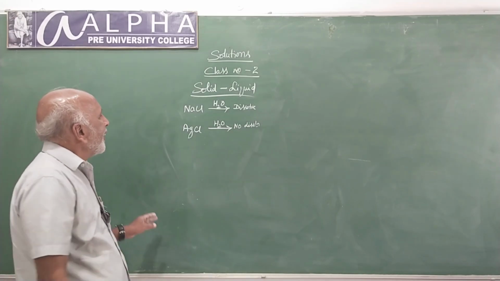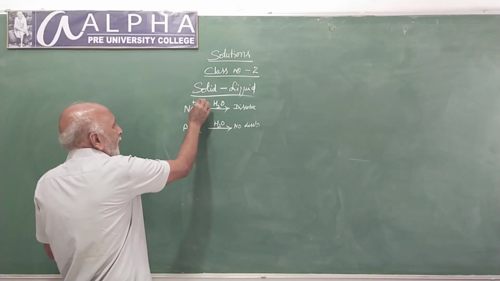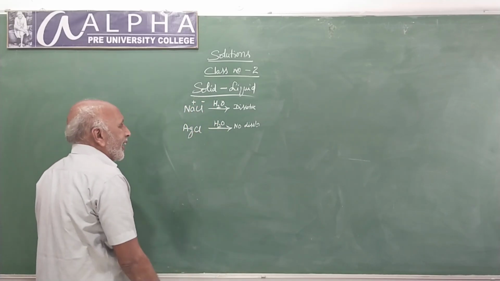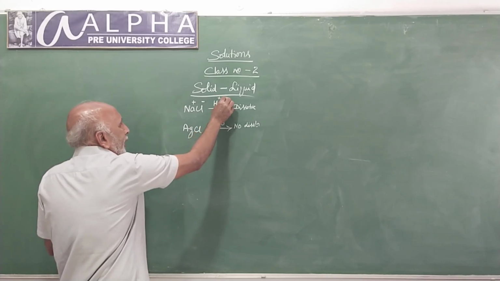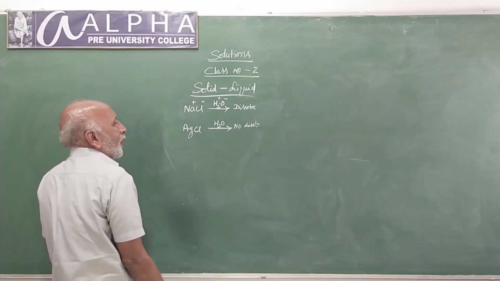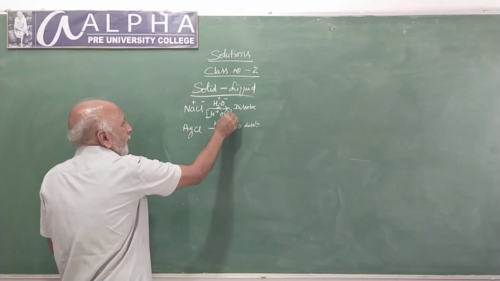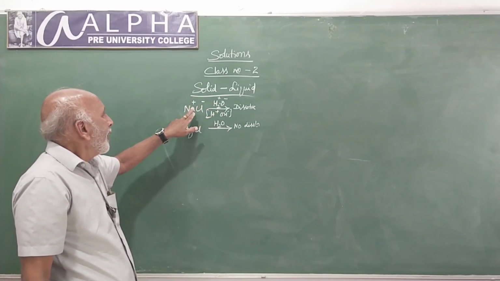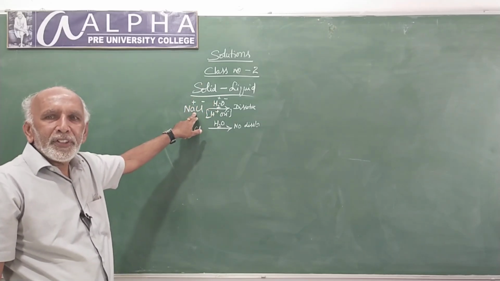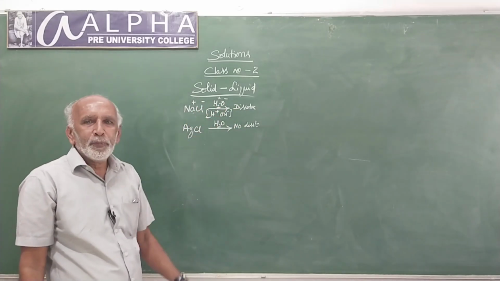Just see, in sodium chloride, we can say sodium carries a positive charge, Cl carries a negative charge. Here H carries positive, OH carries negative. You can write this as H+ OH-. It is ionic, polar solvent. It is a polar solute. Polar solute dissolves in polar solvent.